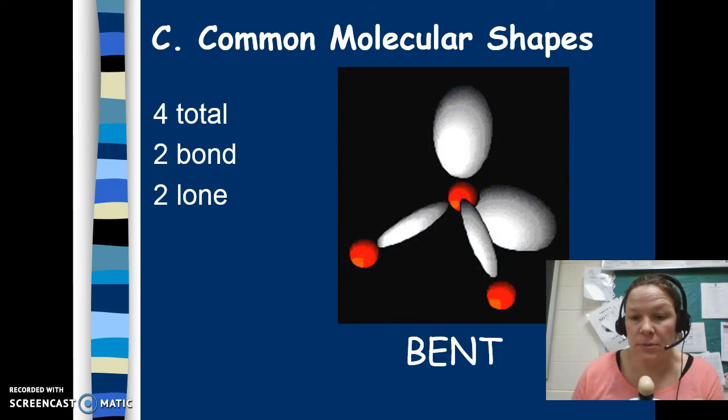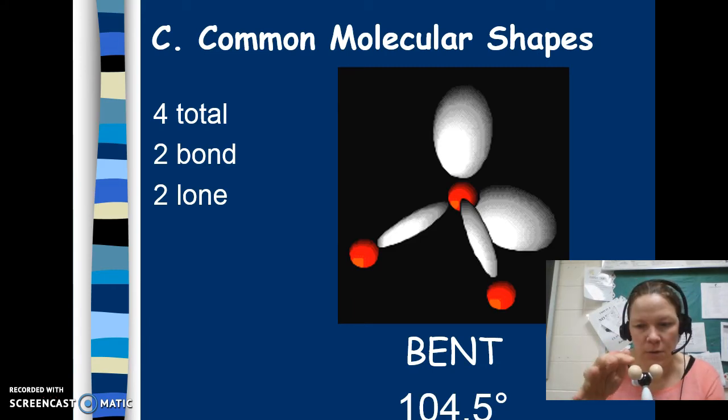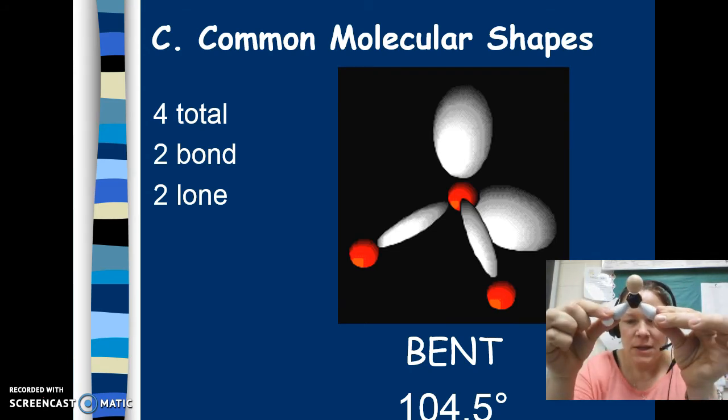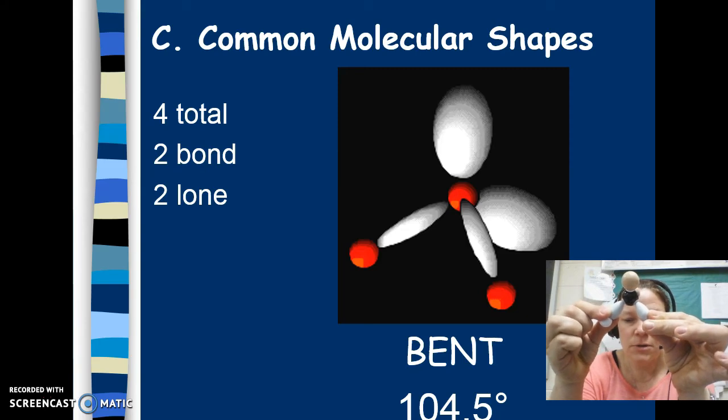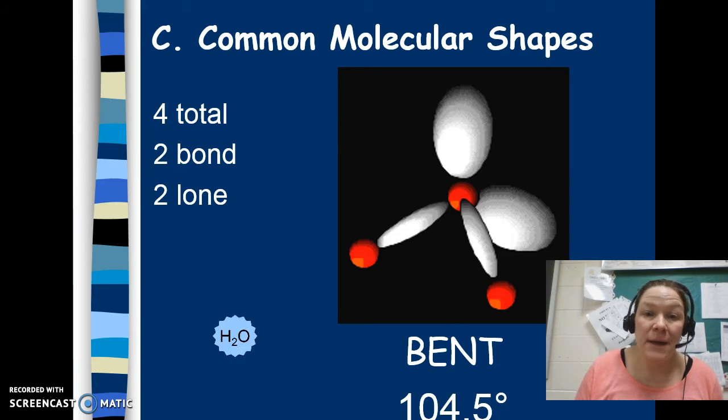This is another one that's called bent. This bond angle is going to be 104.5. So we went from 109.5 when we had 4 bonding groups, 107 when we had 3. Now that we've got 2 lone pairs and 2 bonds, these are going to be pushed a little bit closer, and it's going to go all the way down to 104.5. Okay, and that is going to be bent.